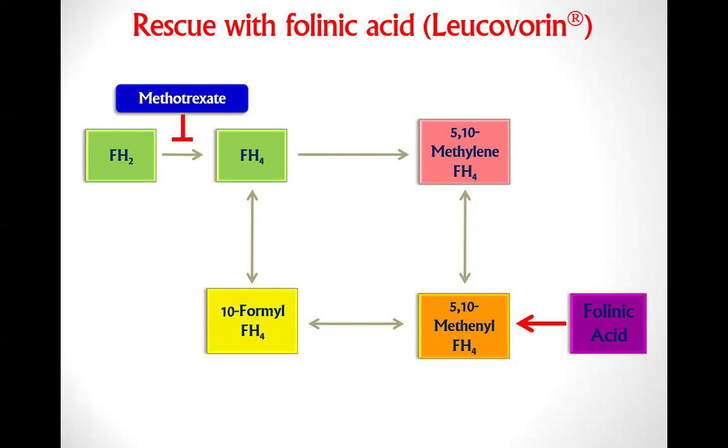Did you get my point? Upstream, by inhibiting the conversion to tetrahydrofolate, it is still an anti-cancer drug, without compromising the anti-cancer effect of methotrexate. Leucovorin will continue to rescue normal cells, because we are now providing a metabolite which is biologically active, but at a later stage.